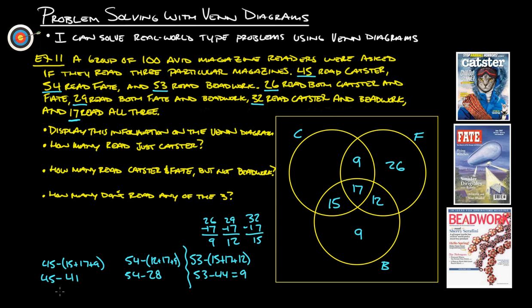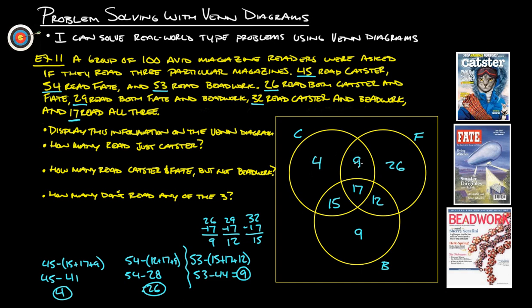And that gives us 4. So there's 4 that read just Catster, 26 that read just Fate, 9 that read just Beadwork, and 17 read all 3. So that's how you go through and fill all these in.